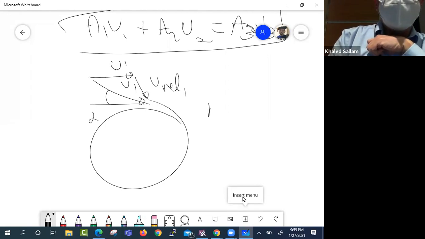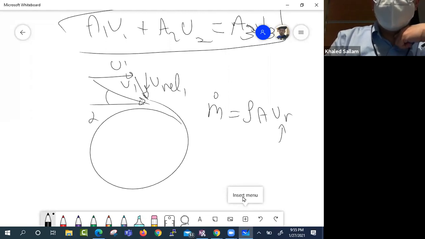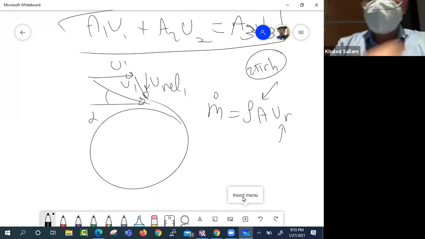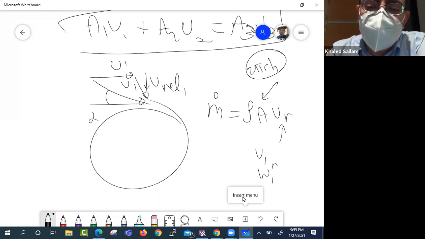Okay? And since he gave us m dot, we need to remember m dot is rho A VR. VR is the radial component. So, of course, the area is what we said before, 2 pi R H, right? So the question is, for VR, which VR should I use? Should I use V1R or should I use W1R?